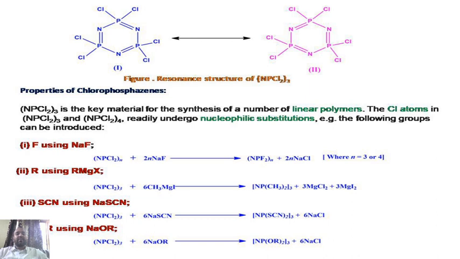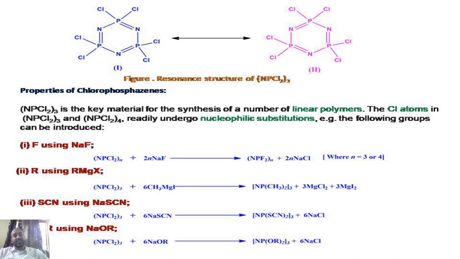This means the chlorine atoms can be replaced by some other nucleophilic reagent. For example, we can replace the chlorine of this species with fluorine using NaF, and in the product we can see that the chlorine got replaced by fluorine.